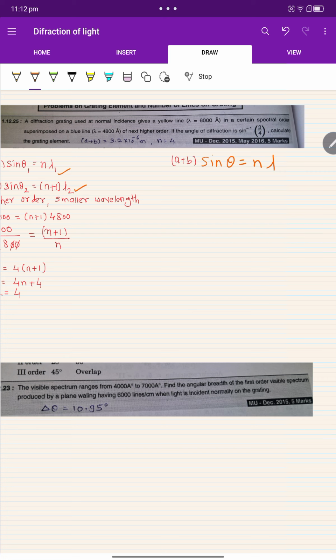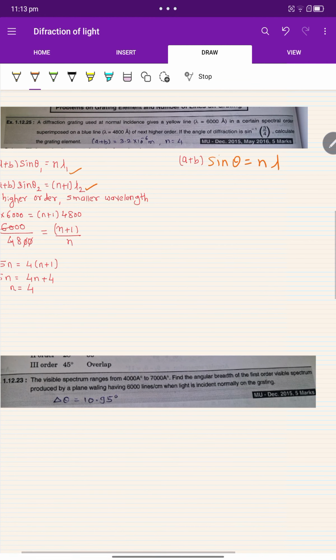Now we substitute this in the grating formula A plus B sine theta equals to n lambda. Let's substitute the values. So A plus B and sine theta is given as 3 upon 4, equals to 4 into 6000.